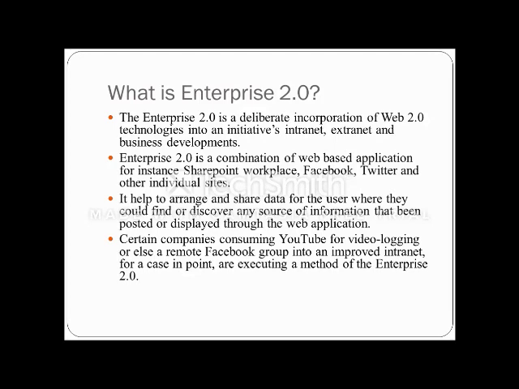It helps to arrange and share data for the user, who can find any source of information that has been posted or displayed through the web application. Some companies use YouTube for video logging, or turn a remote Facebook group into an improved intranet. These are examples of executing a method of Enterprise 2.0.